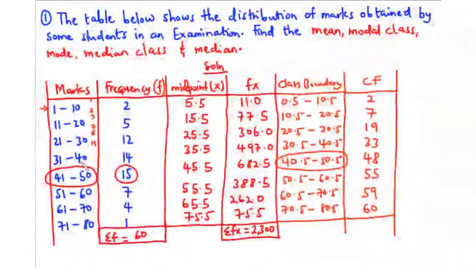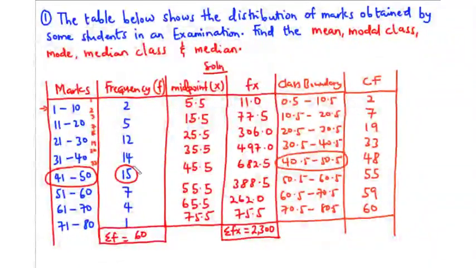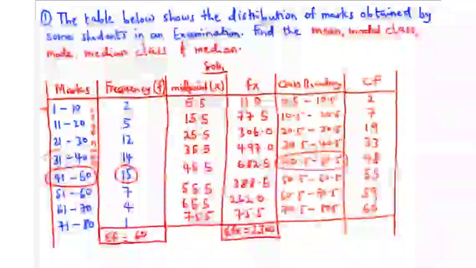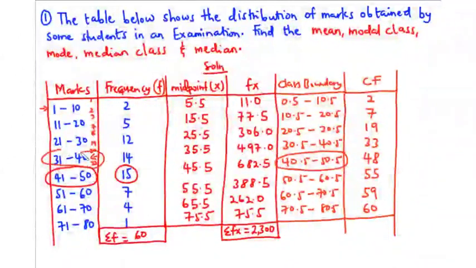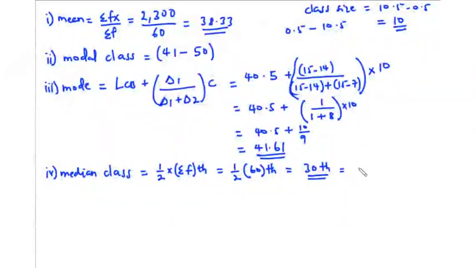And then 31 to 40 starts from the 20th position to the 33rd position. However, we are looking for the value within the 30th position. So between 20 and 33, we have 30. So it means that our median class falls within 31 to 40. So the median class is 31 to 40.